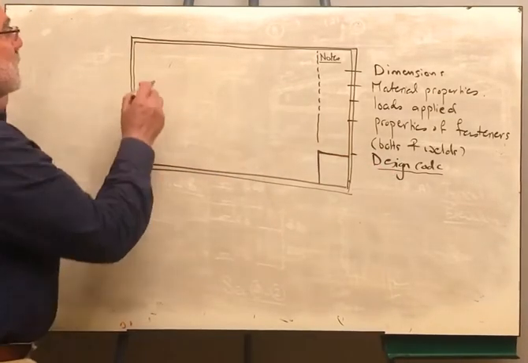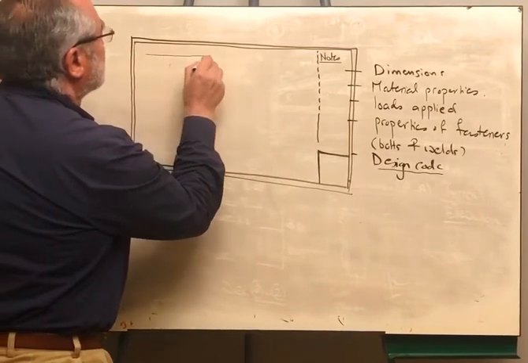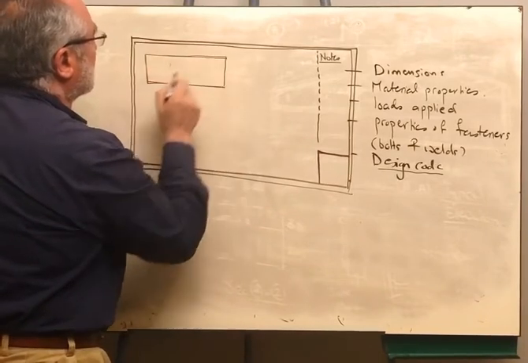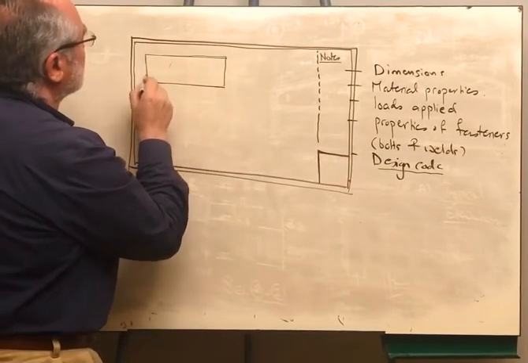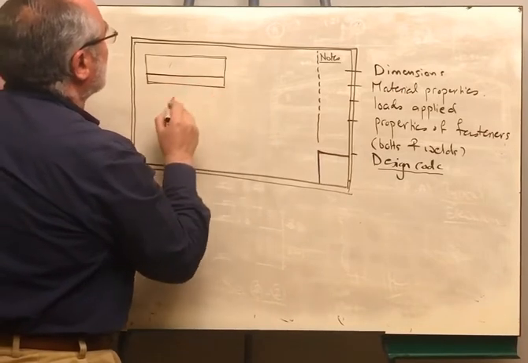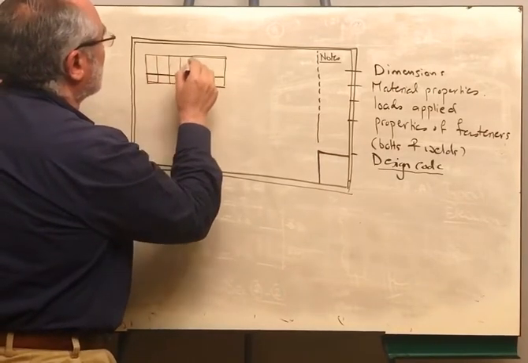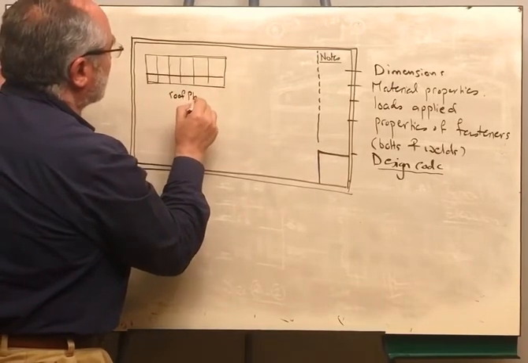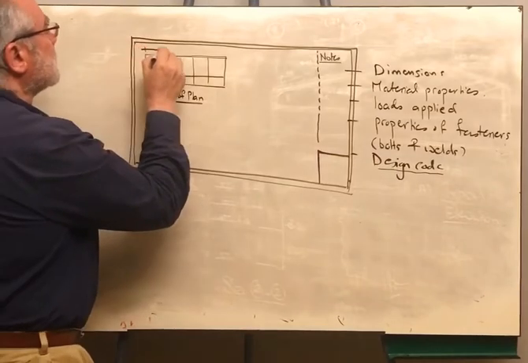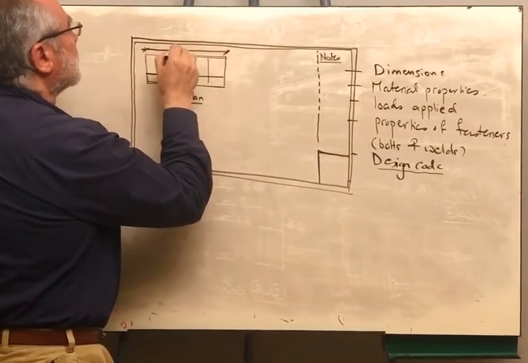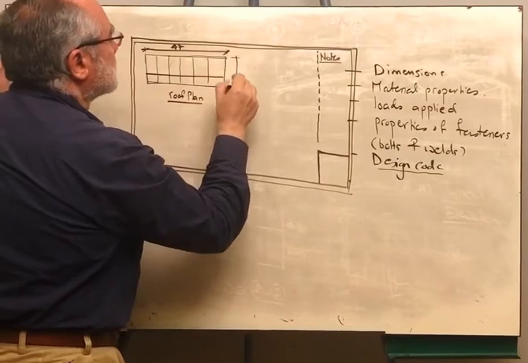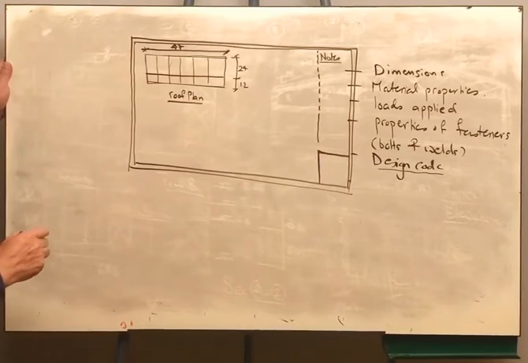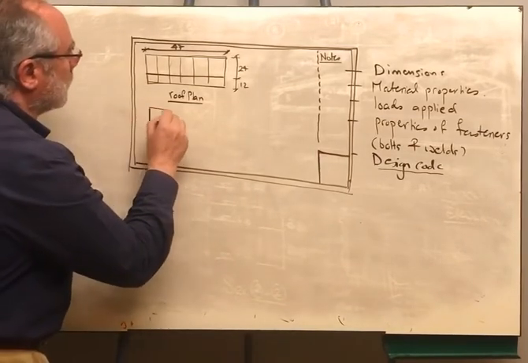Okay? Then we are going to draw the plan. This is the roof plan. This distance is the 47, and this is the 24 and the 12.